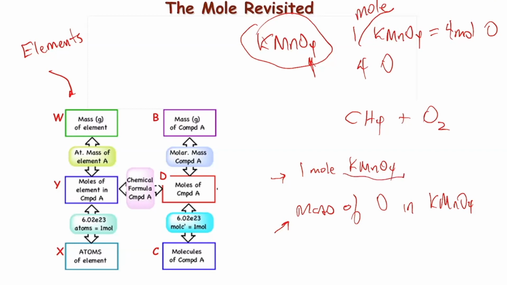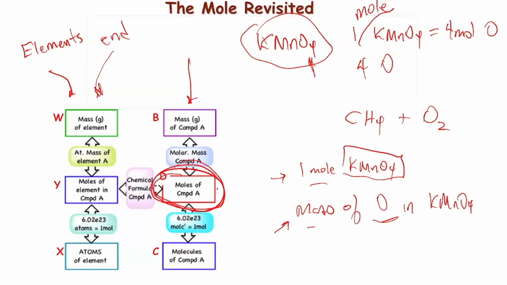This is a molecule, so I'm going to start here. This is an atom, so I'm going to end up here. I have a mole, so I'm starting right here. I'm looking for the mass, so I'm ending up here. So the path I'm going to follow is I'm going to start at D, but then I can't go to W directly.